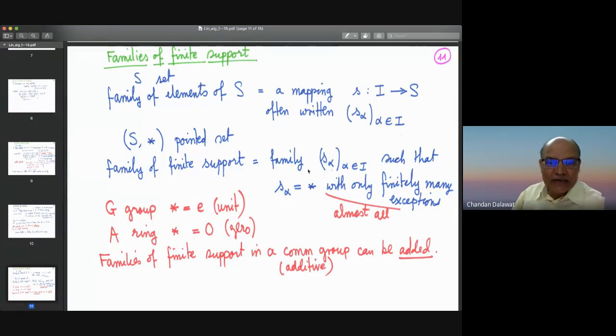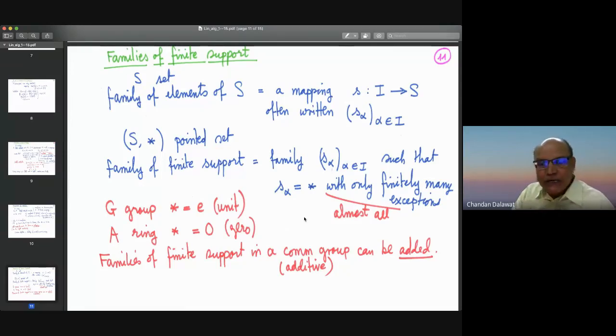A family of elements S alpha indexed by a set I is just a mapping from I to S. Now, this mapping, in the case of a ring, will be called a family with finite support if all S alpha are equal to the special element with only finitely many exceptions.